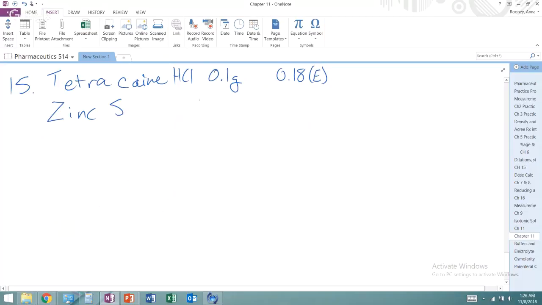And then we need 0.05 grams. And then its E value is 0.15 E. And then, all right, so then your boric acid, QS, but its E value is 0.52.